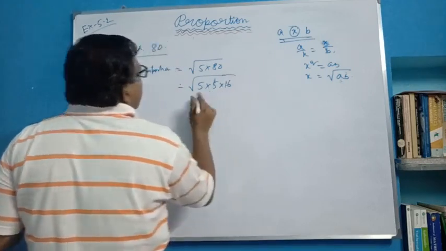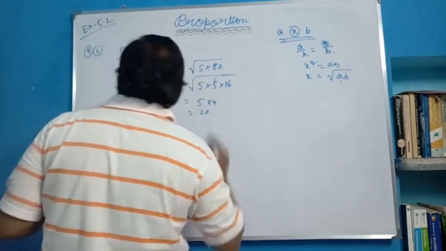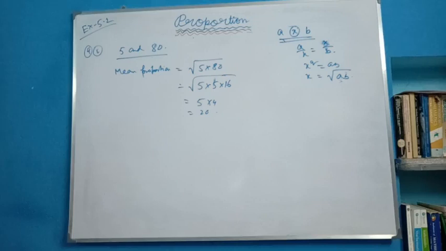Now the square root of 5 into 5 is 5 and the square root of 16 is 4. So that is 20. So the mean proportion is 20.